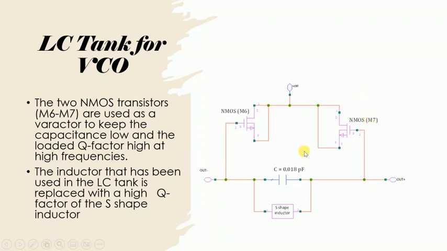And then we also implemented this S-shaped inductor in this LC tank, replacing the high Q factor inductor here. So we replace the inductor here with our S-shaped inductor in order to lower the phase noise for the design of the LCVCO.